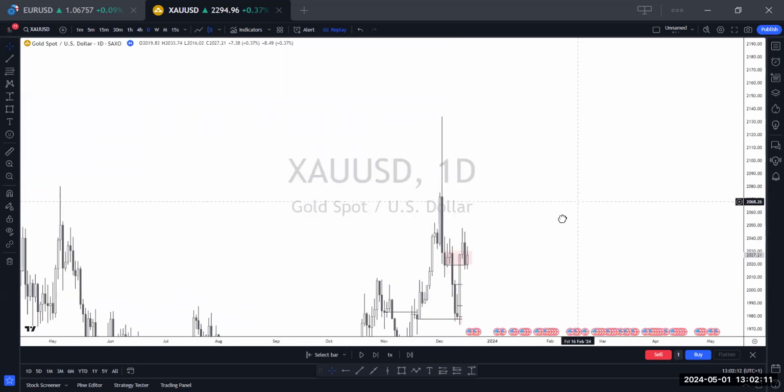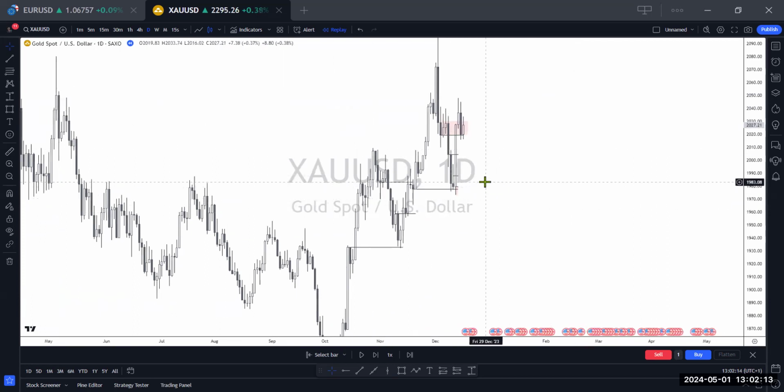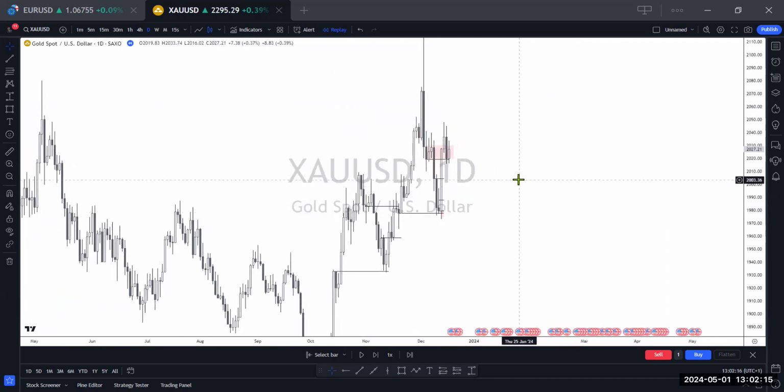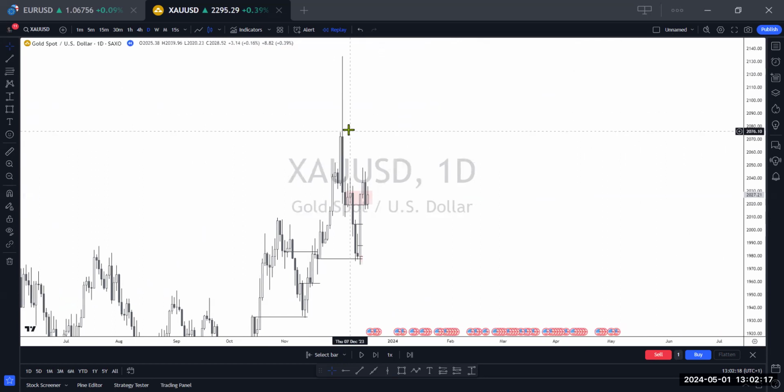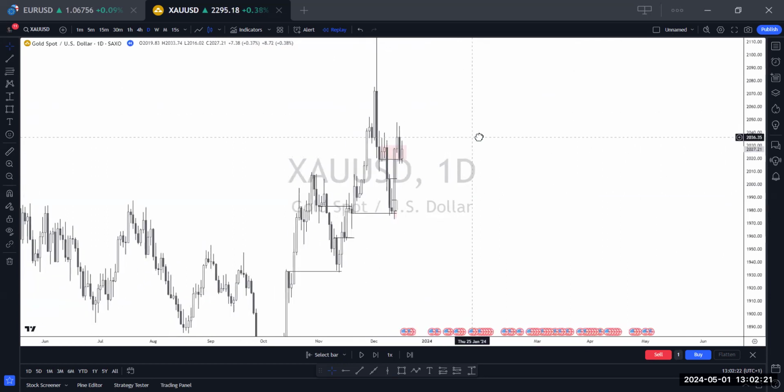So for daily storyline, we look for H4 breakout or H4 engulfing. For H4 storyline, we look for H1 breakout or H1 engulfing.